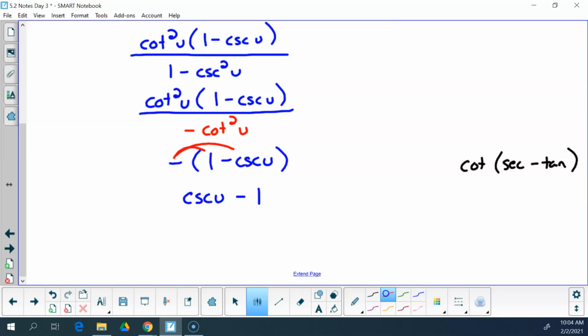And then you guys said that cosecant was 1 over sine. So now we're there. We need cotangent out front, right? Right?